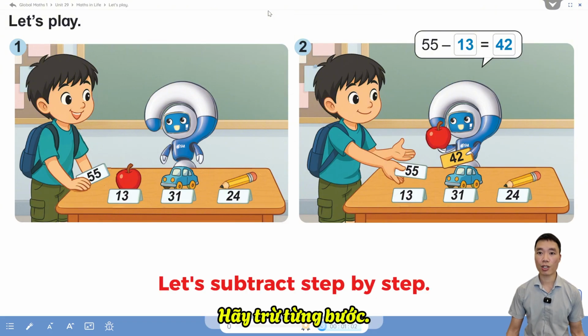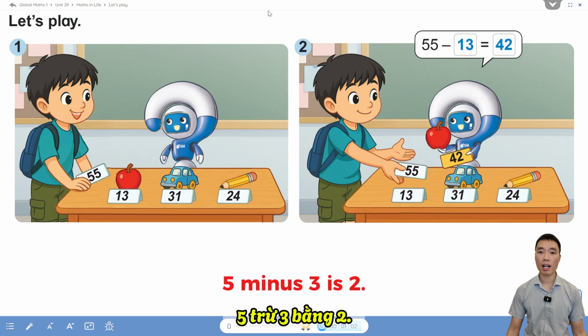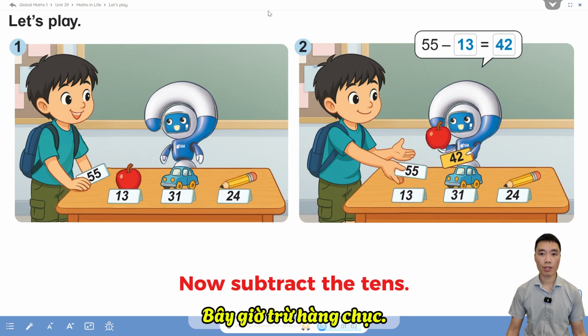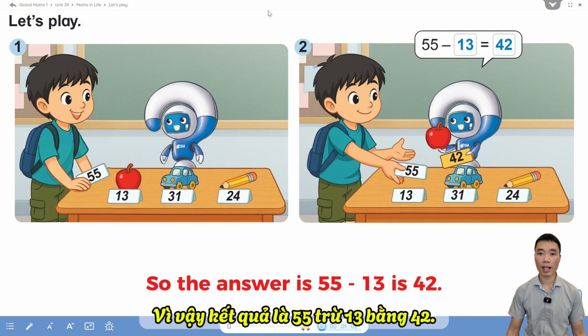Let's subtract step by step. First, subtract the ones. 5 minus 3 is 2. Now subtract the tens. 5 minus 1 is 4. So the answer is 55 minus 13 is 42.